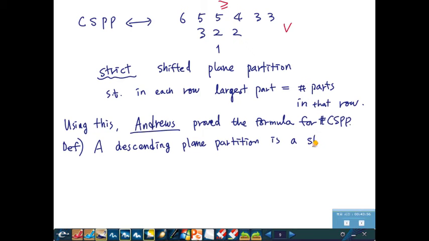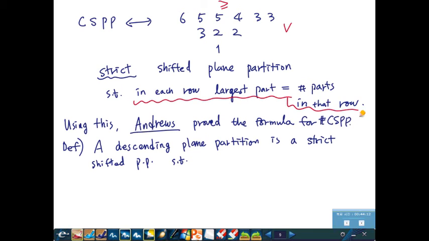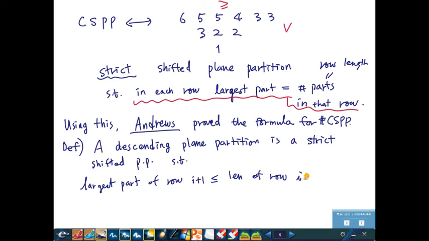It is a strict shifted plane partition, PP for short, such that, see, we have this condition for cyclically symmetric plane partitions, we have a different condition: the largest part of row i plus 1 is less than or equal to the row length of row i, this is the number of parts, and this is strictly less than the largest part in row i.